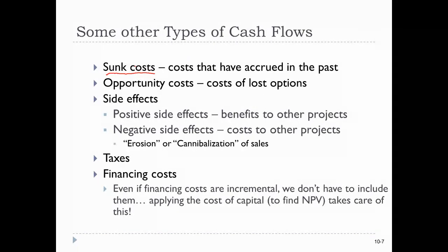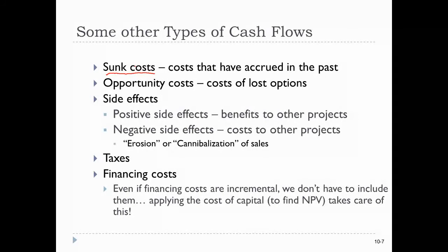That is to say, the cash flow occurs if we decide to go ahead with building the factory, and it doesn't occur if we don't go ahead with building the factory. That would be an example of an incremental cash flow. Not every cash flow that's related to a project, though, is necessarily incremental. And the very common example here is something like this. We're thinking about building a factory.